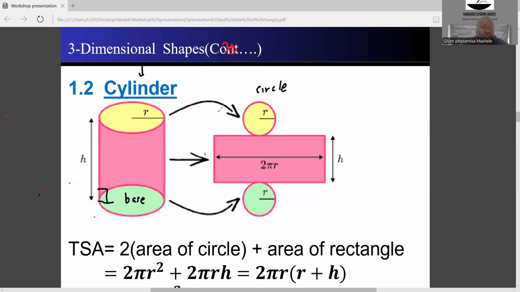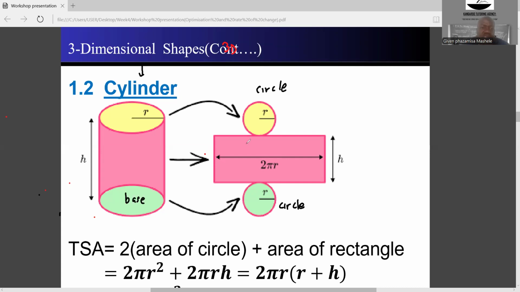Since we know that on a cylinder there is a circle, if we cut this top part here, this gives us a circle. And also we can cut the base or the bottom part, which also gives us a circle.